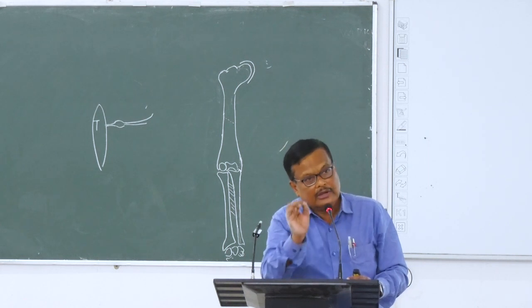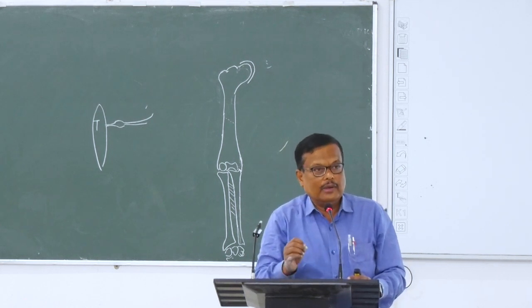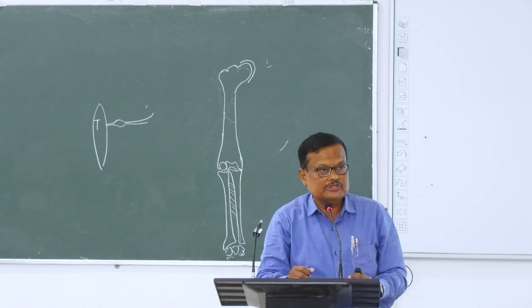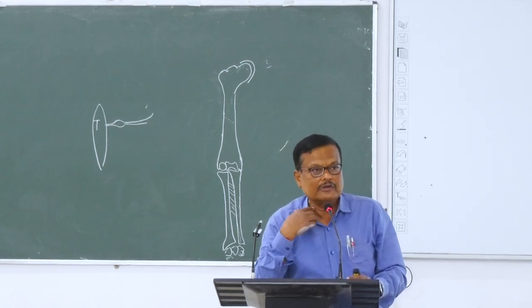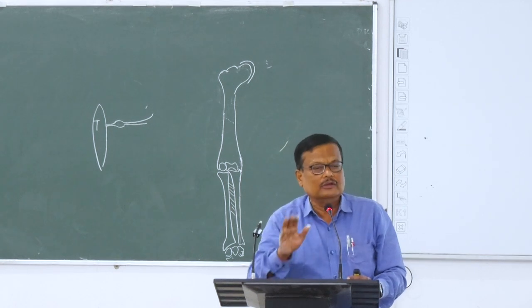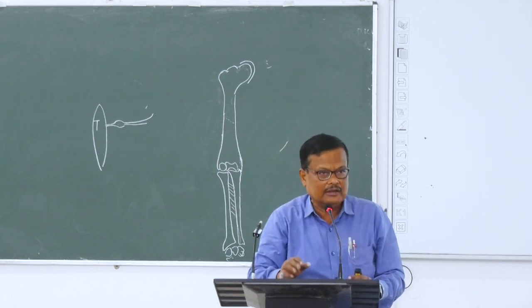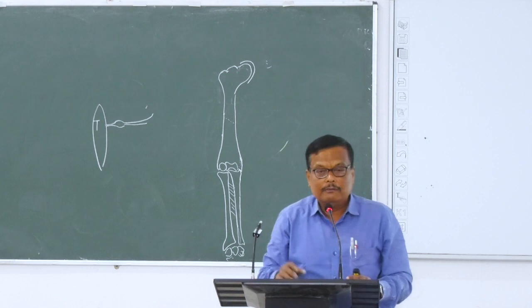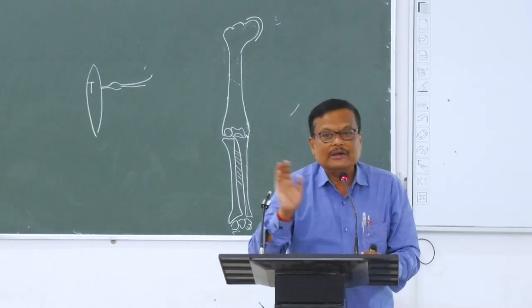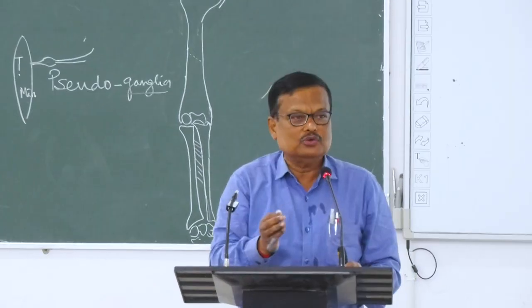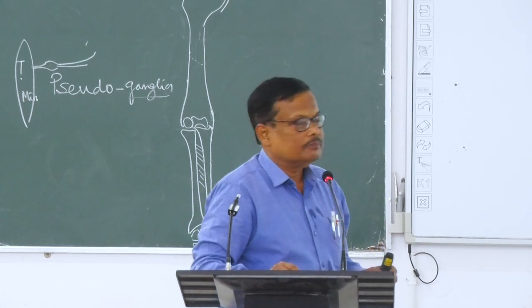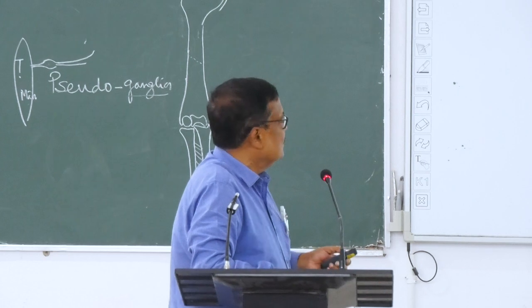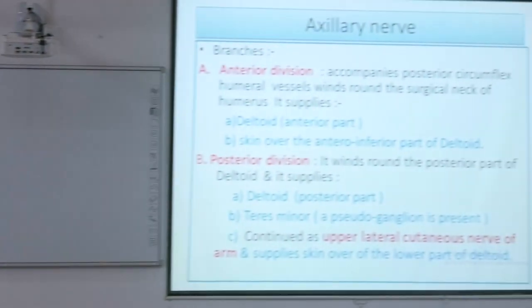We get ganglia, a very important thing, everywhere, especially in the autonomic nervous system: medial cervical ganglion, inferior cervical ganglion, stellate ganglion, so many ganglia; parasympathetic ganglia are there. They are important, but actually this is not a ganglia.